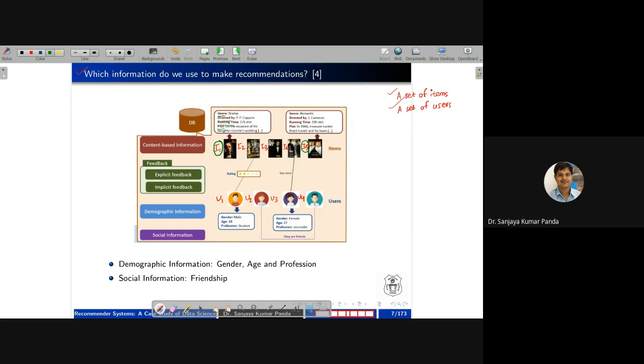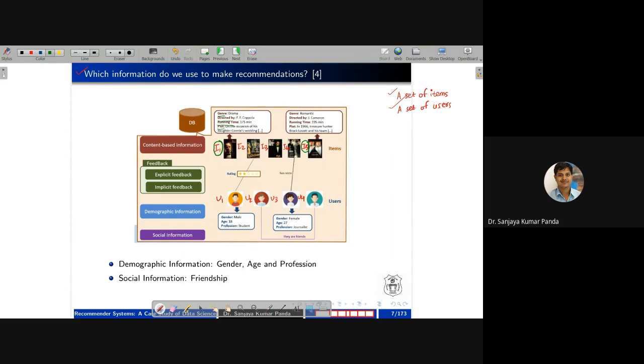So you have to decide which information you want to keep or discard in order to build a particular model. Basically, we call this content-based information, because content-based information focuses on the discrete characteristics of the items, right?